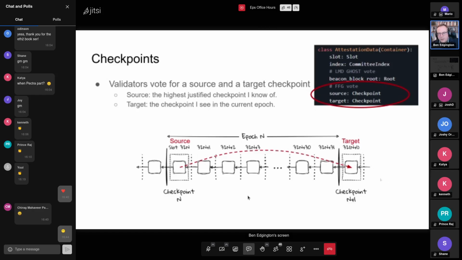So assuming we're in epoch n+1, the target checkpoint is the checkpoint of the current epoch. So I vote from source to target, and we can imagine it as a sort of curved arrow here, that is my vote.